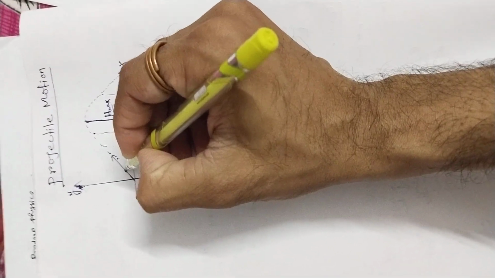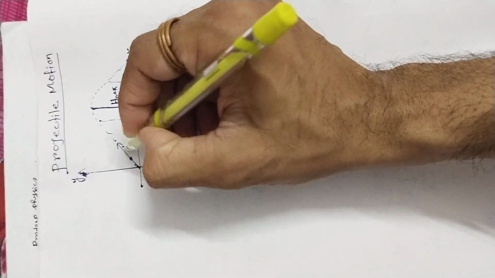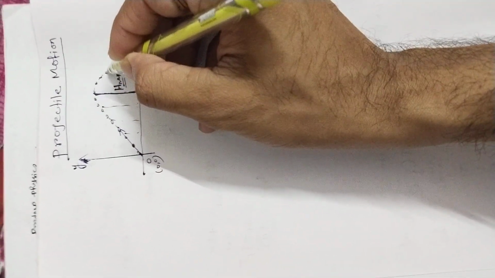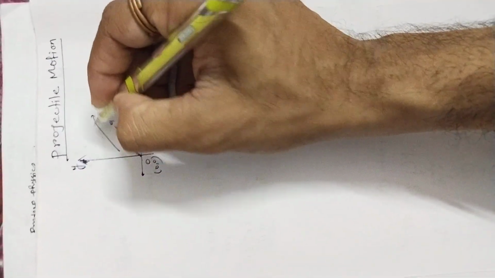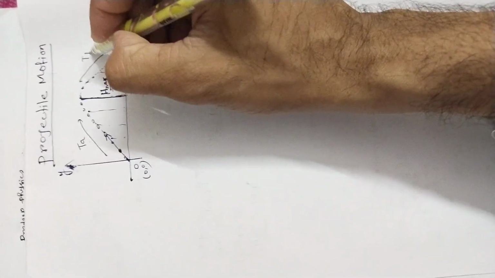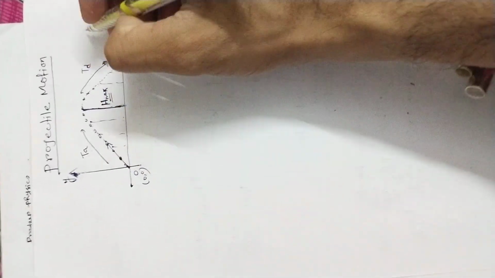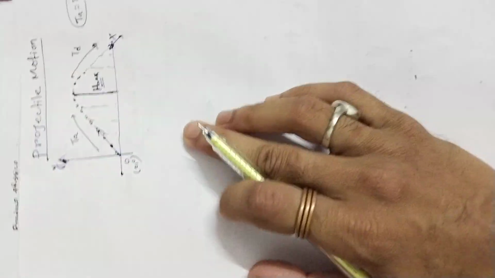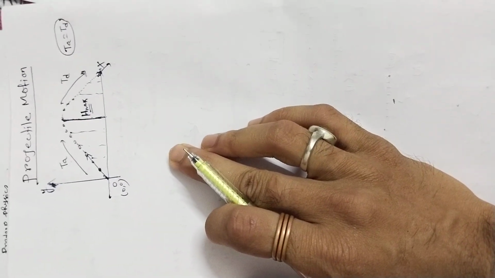Suppose this is the particle. The time of flight is t ascending plus t descending. Here t ascending equals t descending.